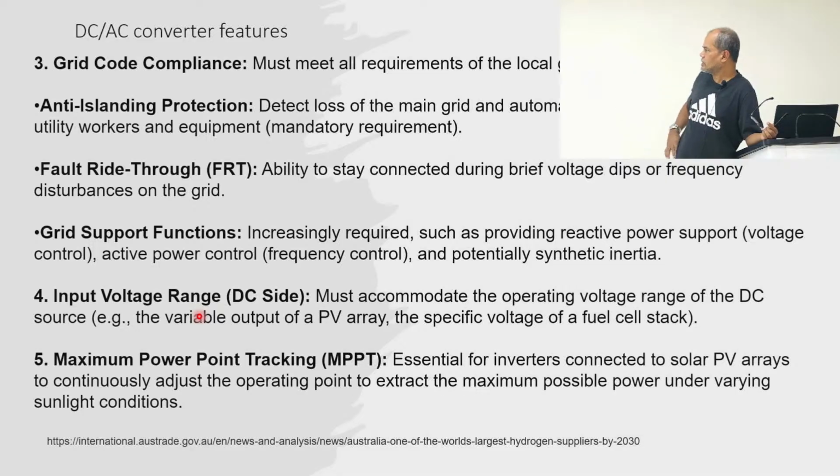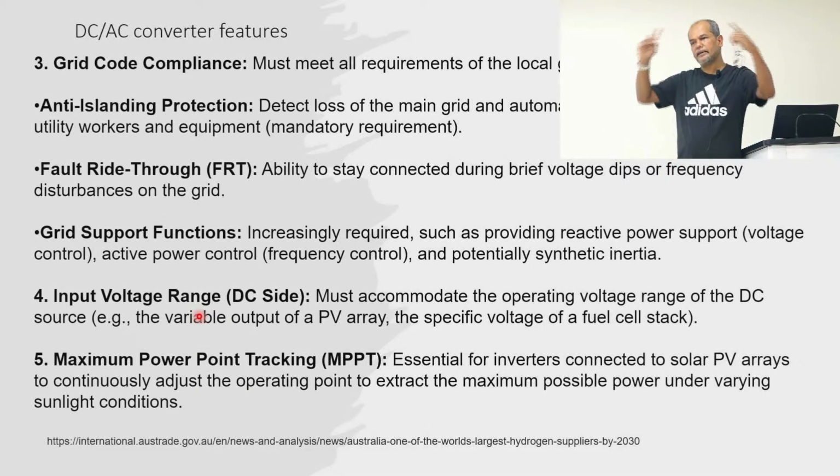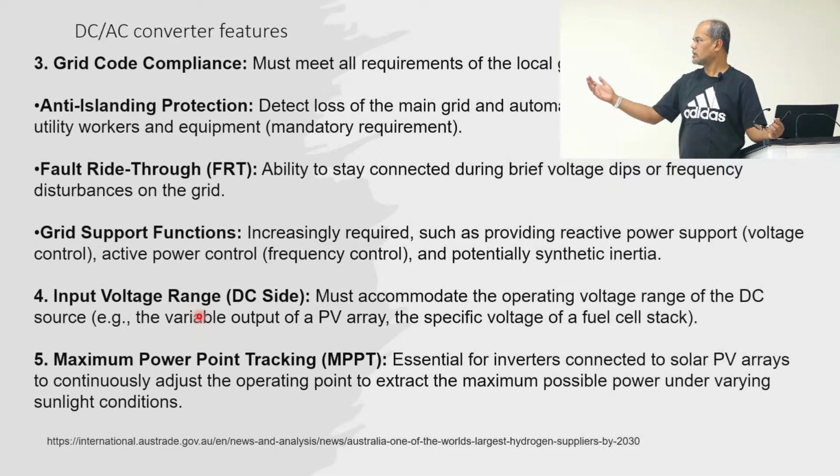Fault ride-through, I already mentioned previously, that it should also have the ability to stay connected and supply at least partially, even if not the rated amount of power, when there is a disturbance in the grid. So for example, let's say you have a fuel cell that produces 50 kilowatt, and if there is a disturbance, it should still have the capability to supply partial electrical power.